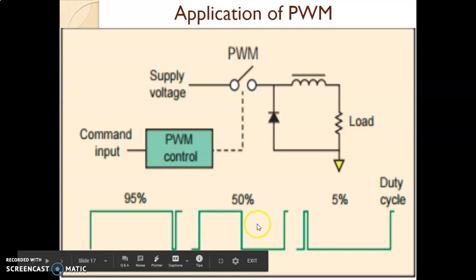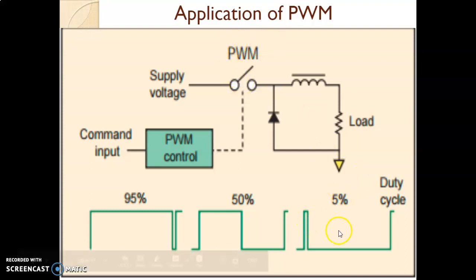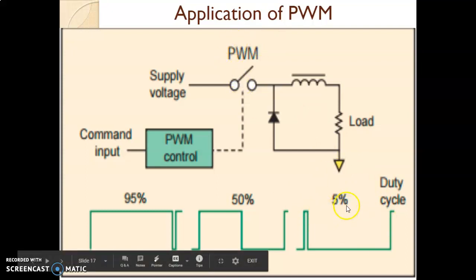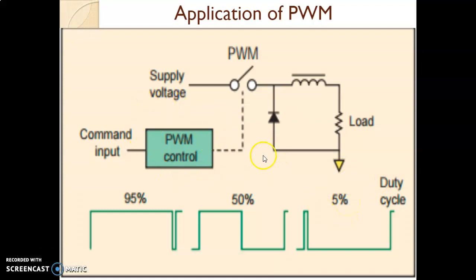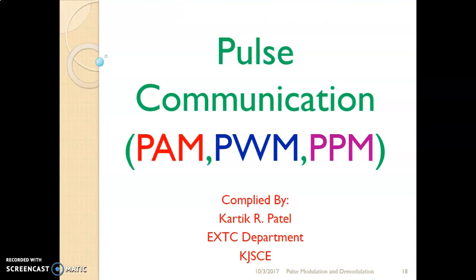When the duty cycle is 50%, then for 50% supply will be given, 50% it is off. When duty cycle is 5%, then for only 5% the supply will be given, 95% supply will be off. And that is why I said that PWM is used for controlling the amount of power which is transferred to the load. And this is the application of PWM.